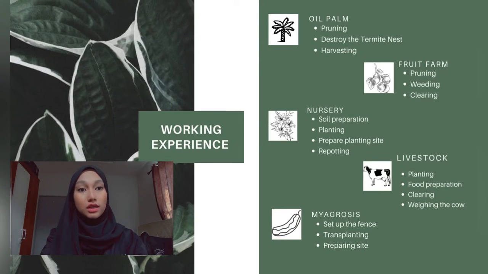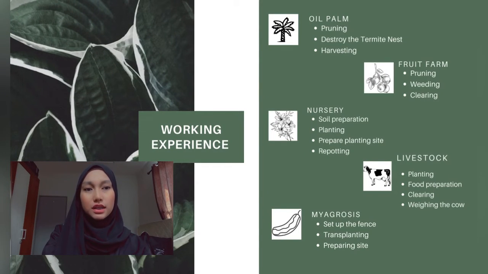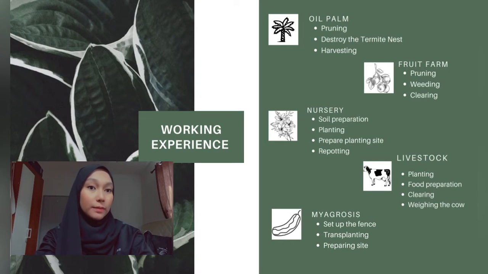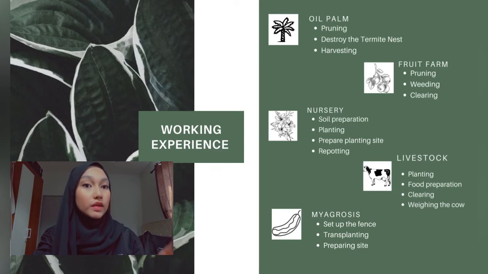Next, we talk about working experience. Firstly, working experience in oil palm. In oil palm, we did pruning activities, and we could do two activities at one time, which are harvesting and pruning.